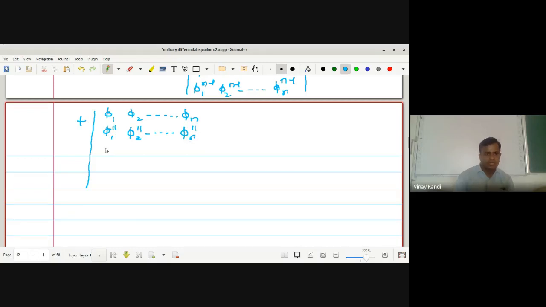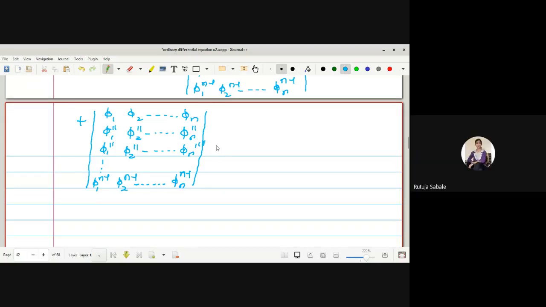The third row will be phi 1 double dash, phi 2 double dash up to phi n double dash. And the last row is phi 1 raised to n minus 1, phi 2 raised to n minus 1 up to phi n raised to n minus 1. Any doubt? No, sir.